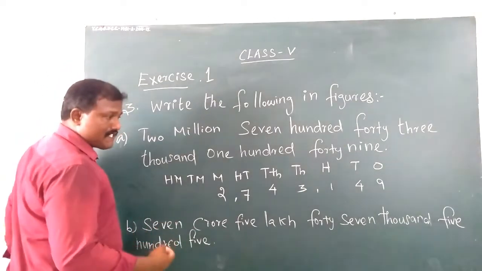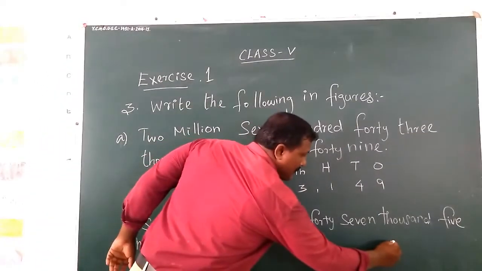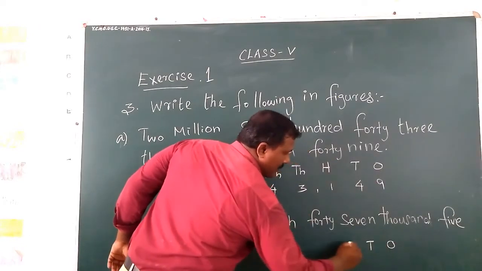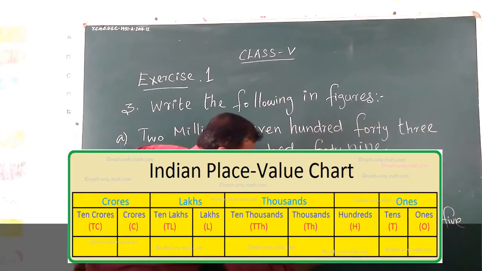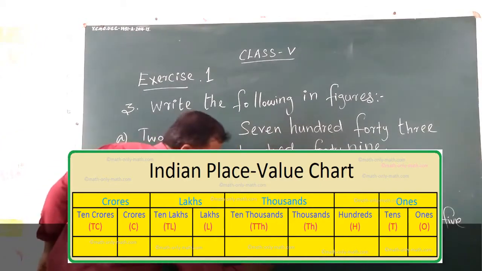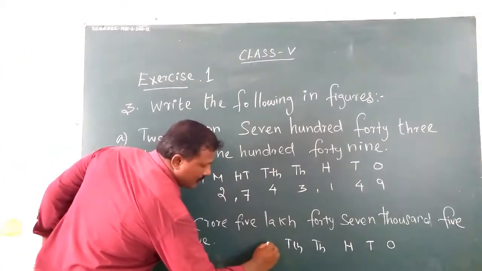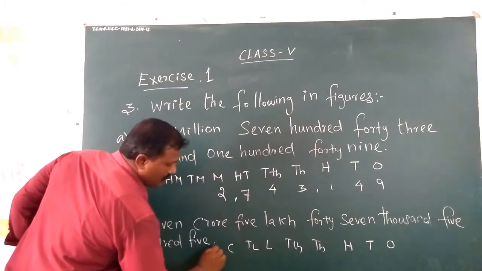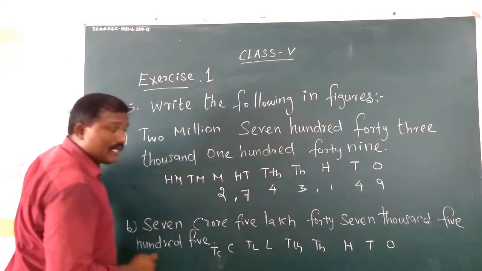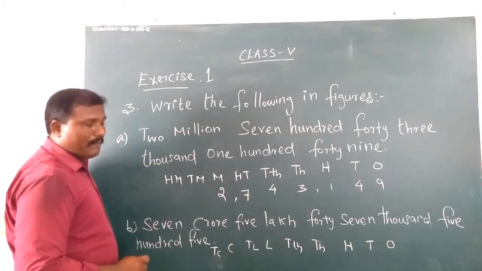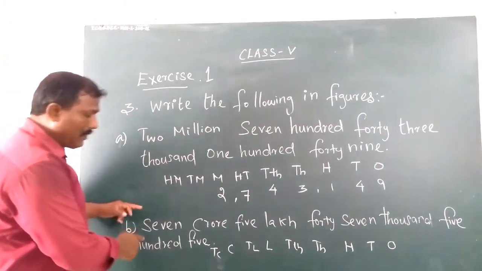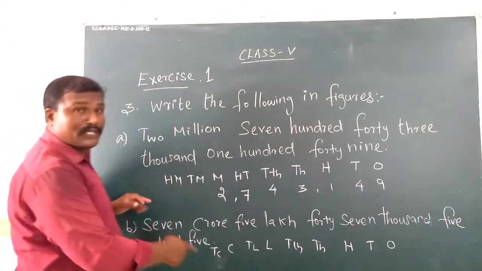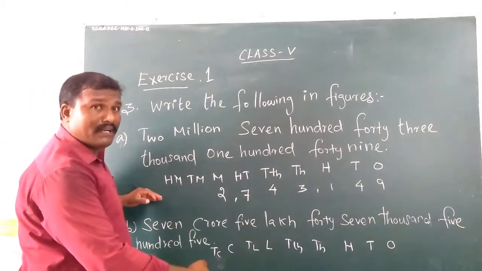We know very well the Indian number system: ones, tens, 100, 1,000, 10,000, then lakhs, 10 lakhs, crore, 10 crore. This is the place values of the Indian number system. So now I want to convert the words into numeral form.